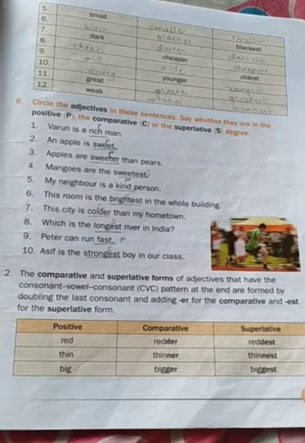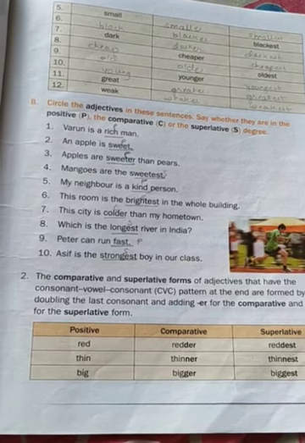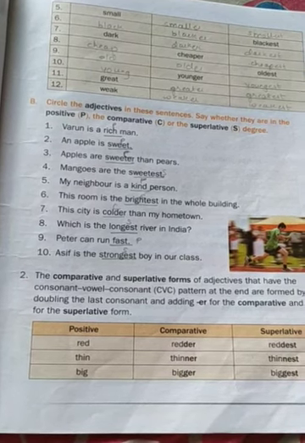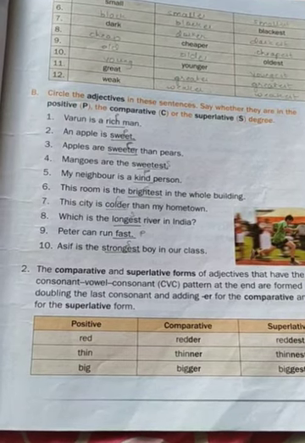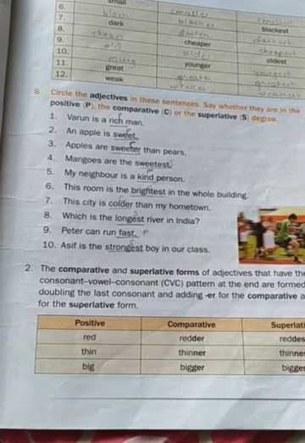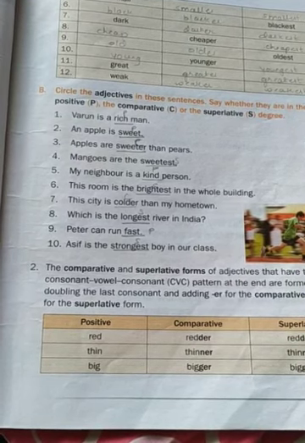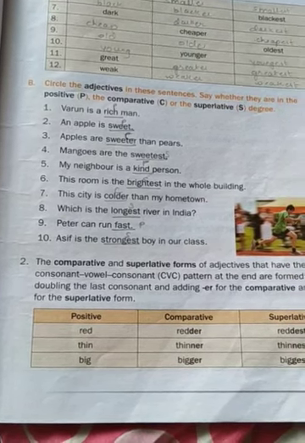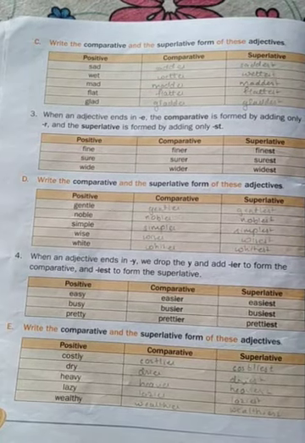Now the second rule is, when the word has a CVC pattern, it means consonant, vowel and consonant, that time while adding er or est, we have to double the last consonant of the word. And then we have to add er or est to that particular adjective.